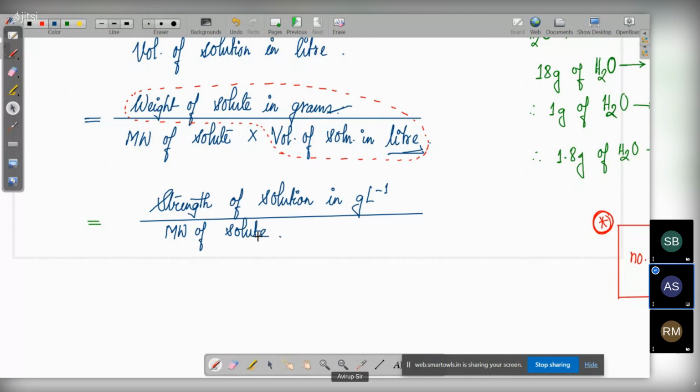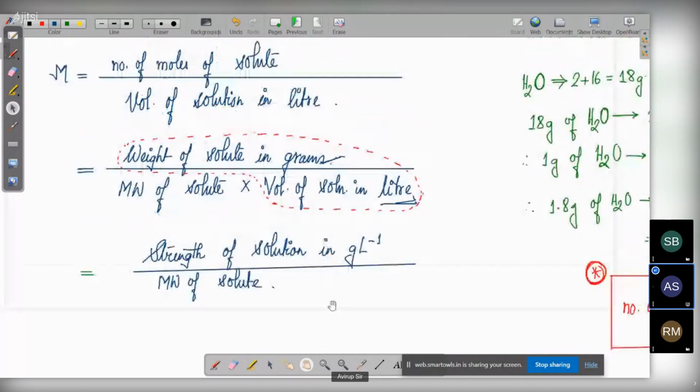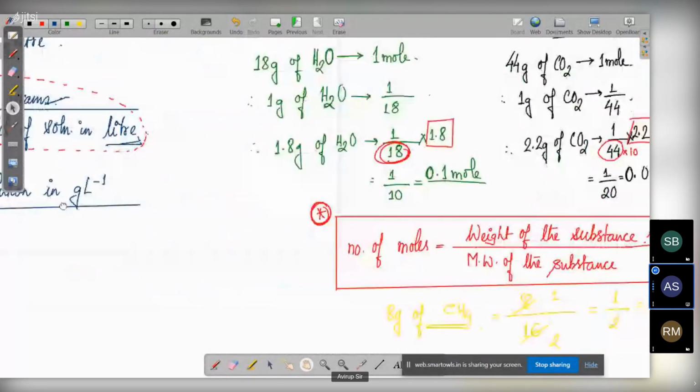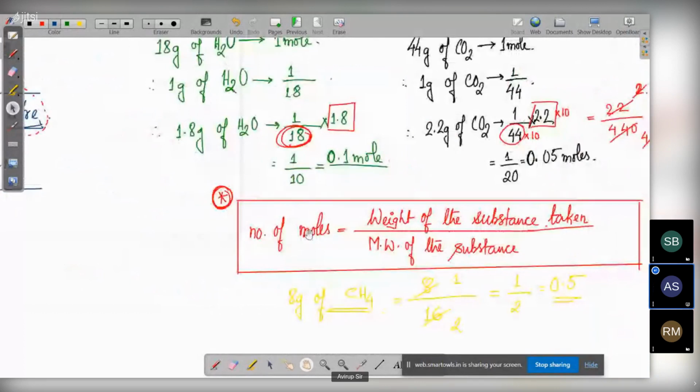Sir, can you repeat the second formula? The second formula once again. Okay. See, in the second formula, instead of writing the number of moles, we are just substituting the value of number of moles. We have just now derived this formula: number of moles is equal to weight of the substance taken divided by molecular weight of the substance.